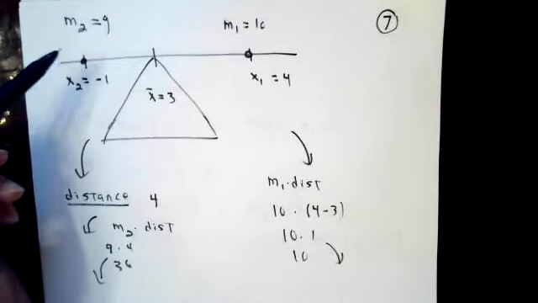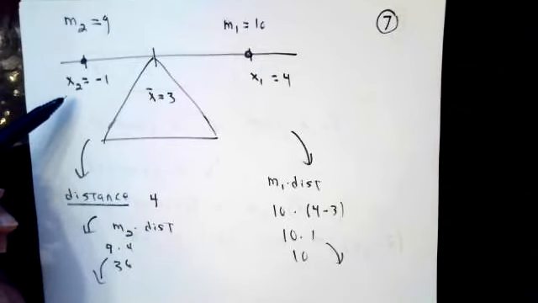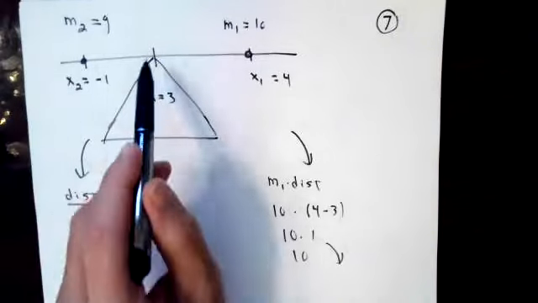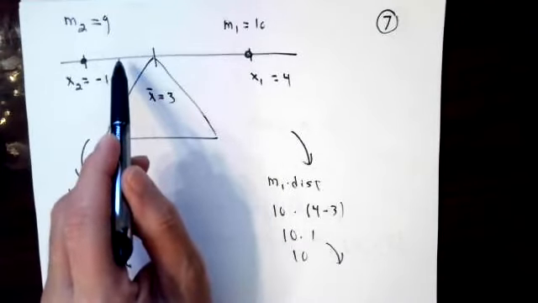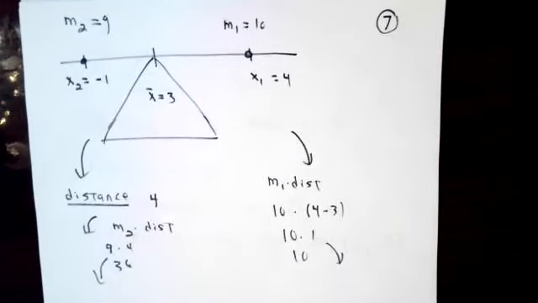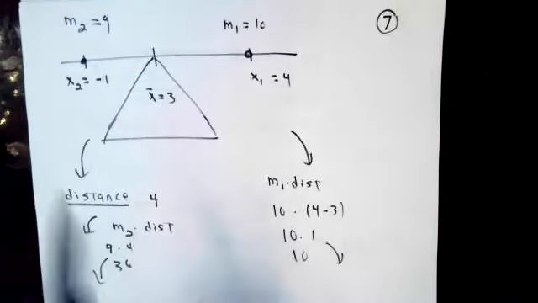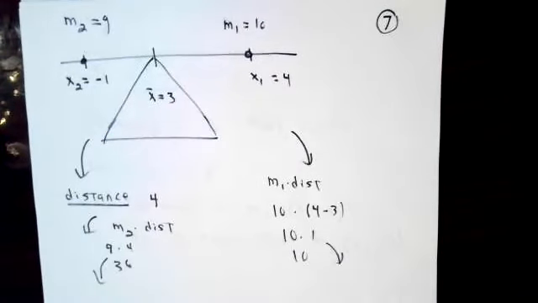On the other hand, if the second mass is 9 and x2 is at -1, then you've got 3 units of distance from x bar equal 3 to 0, and then you've got another unit of distance to get to -1. x2 is 4 units to the left of x bar.